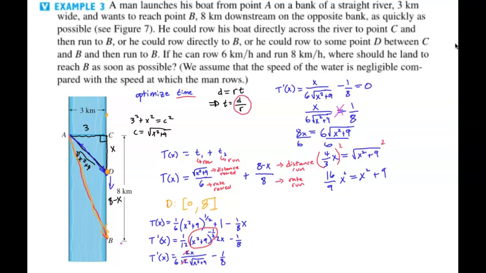I can subtract over the x squared. So what's 16/9 x squared minus 1x squared? That's just 16 over 9 minus 1, or 16 over 9 minus 9 over 9. 7/9, right? 7/9 x squared equals 9.